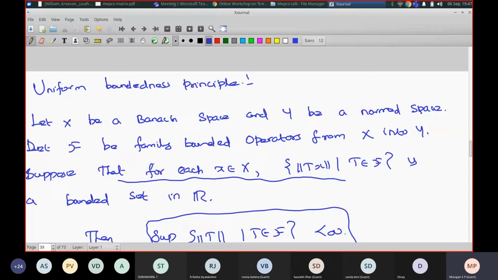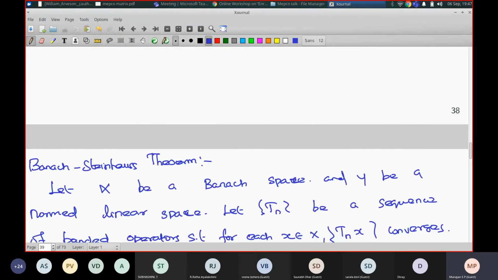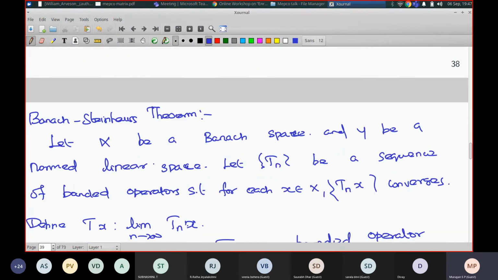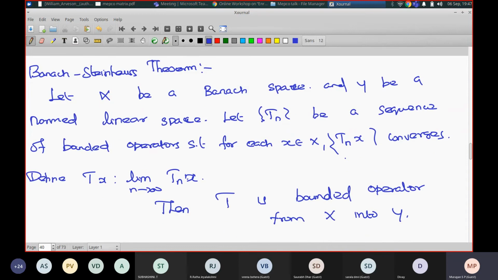Because of the uniform boundedness principle, the Banach-Steinhaus theorem. You can easily find that. Let X be a Banach space and Y be a normed linear space. Let Tn be a sequence of bounded operators such that for each x belongs to X, Tn of x converges. Tn of x converges means the set of norms of Tn of x is a bounded set in R, right? Converges implies bounded in a metric space.